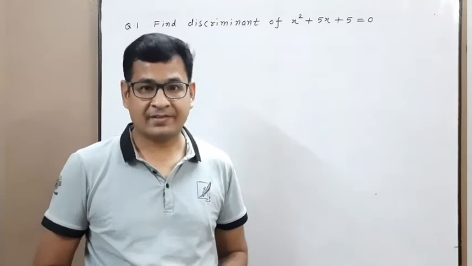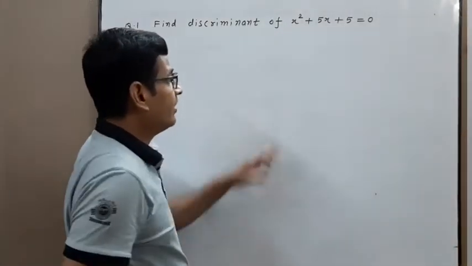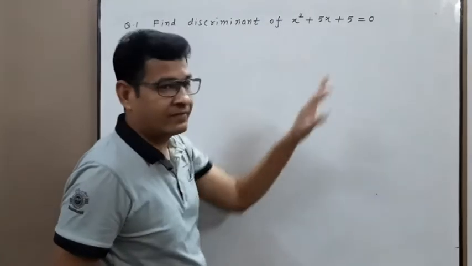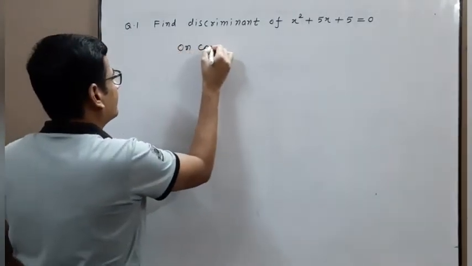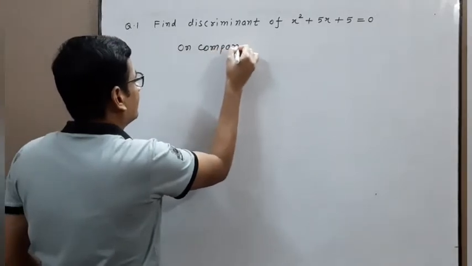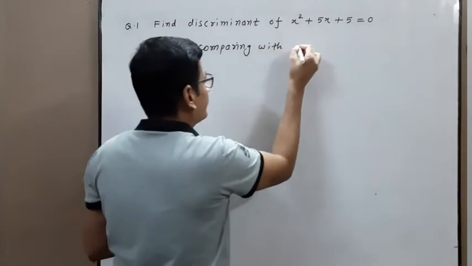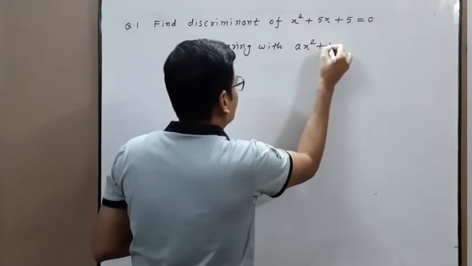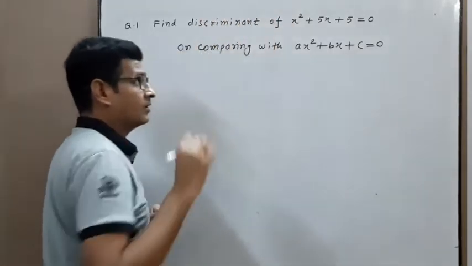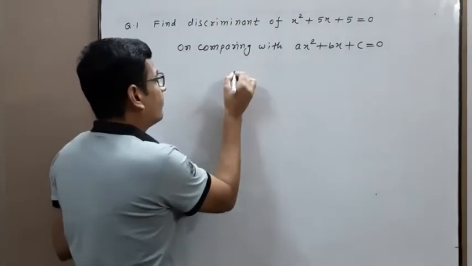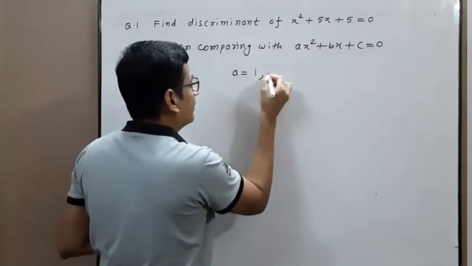Let's do some practice questions. Find the discriminant of x square plus 5x plus 5 equal to 0. First step: compare with ax square plus bx plus c equal to 0. Then the coefficient of x square means a equal to 1.